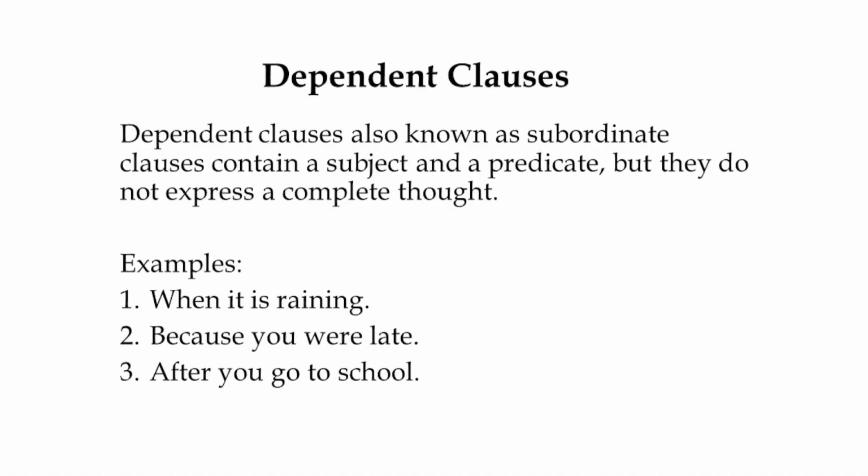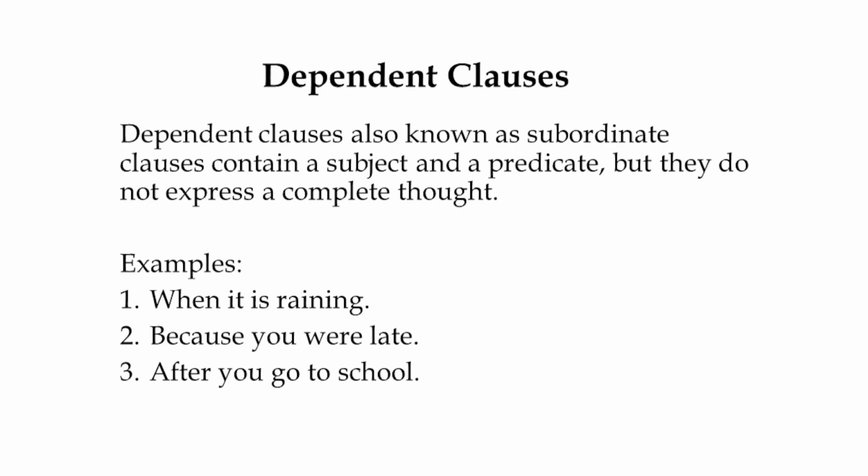Then, what is a dependent clause? The literal meaning of the word dependent itself conveys that it has to rely upon another sentence. Then it is called a dependent clause. The other name we give to the dependent clause is subordinate clause. So, I have given the definition here.